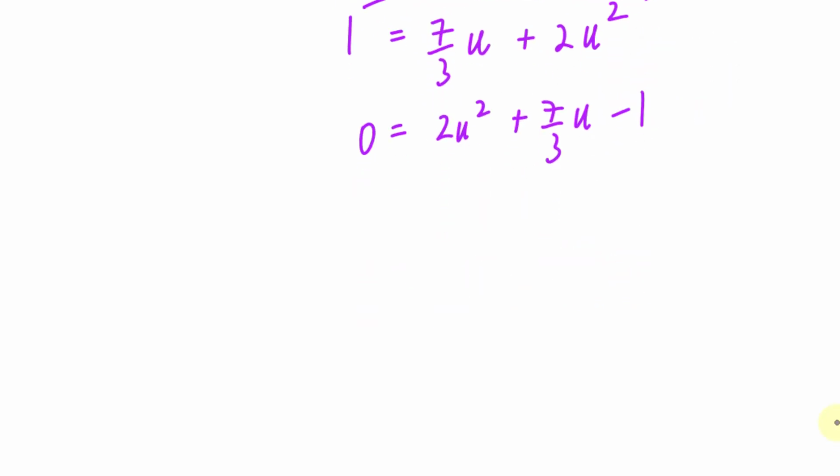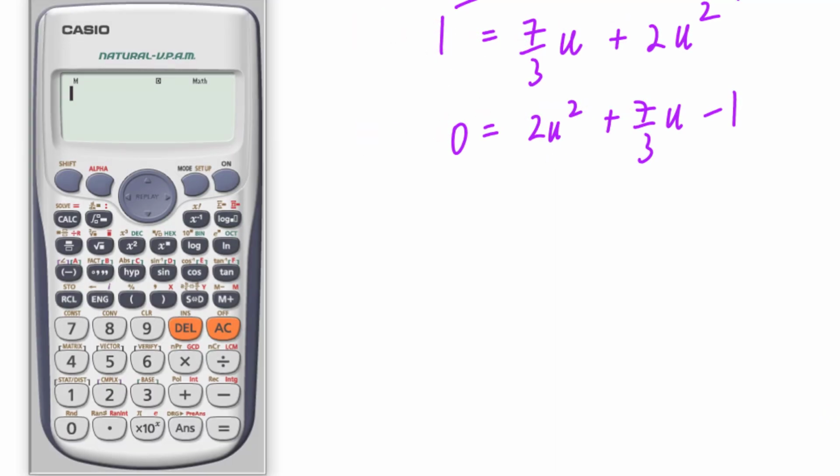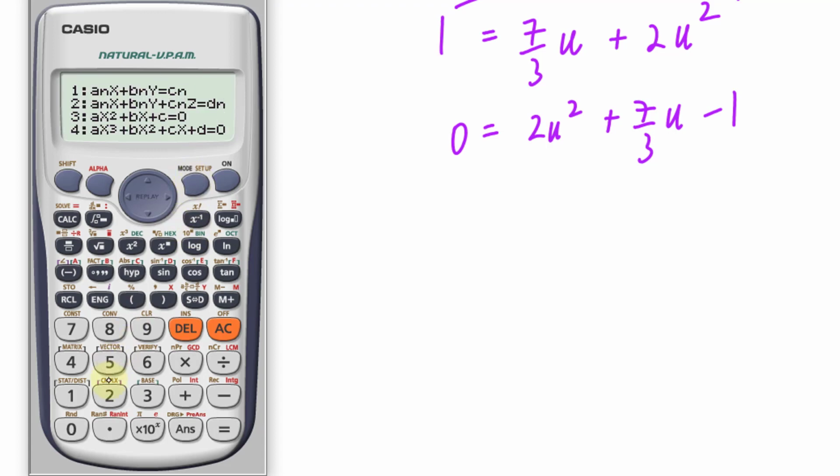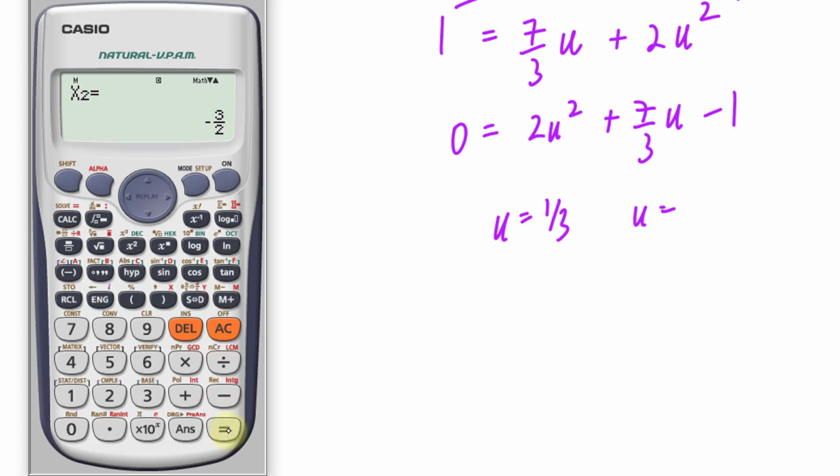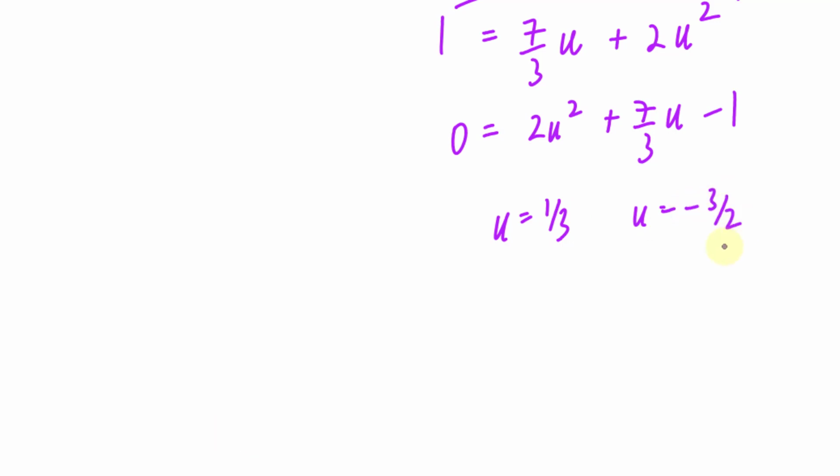Now you have to use the quadratic formula to find out what u is. I'm assuming you know how to use the quadratic formula, so I'll just use the function on my calculator to find the roots of a quadratic. I'll put in 2, 7 over 3, and negative 1. And this will quickly give us the values for u. We get u is equal to a third, and u is equal to negative 3 over 2.